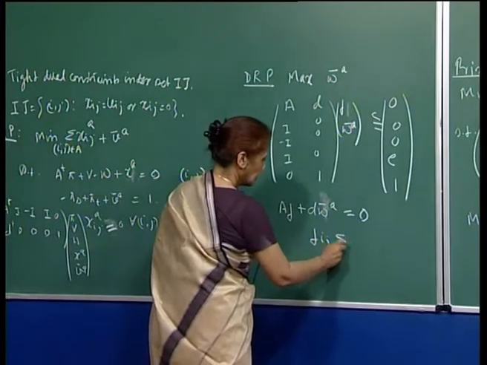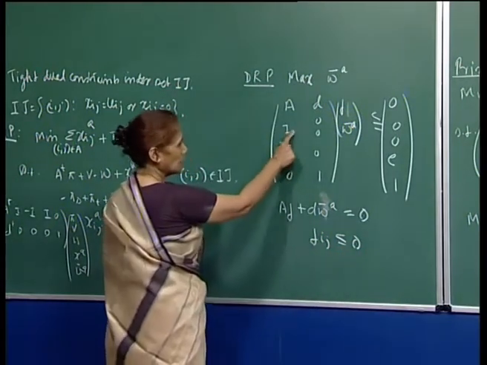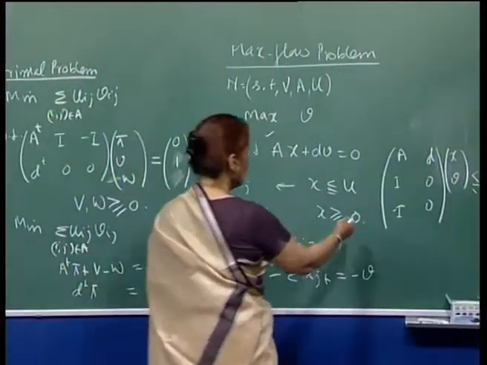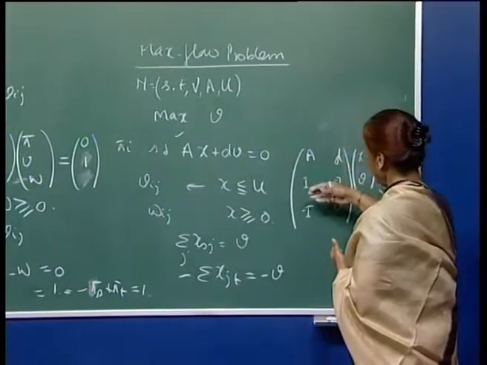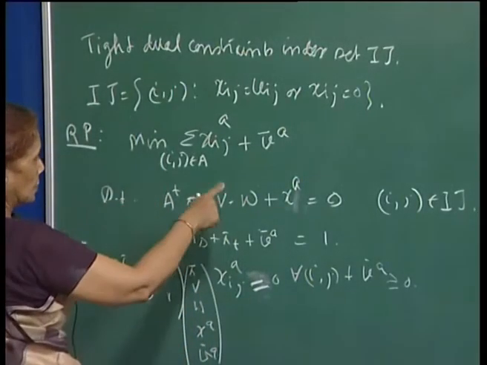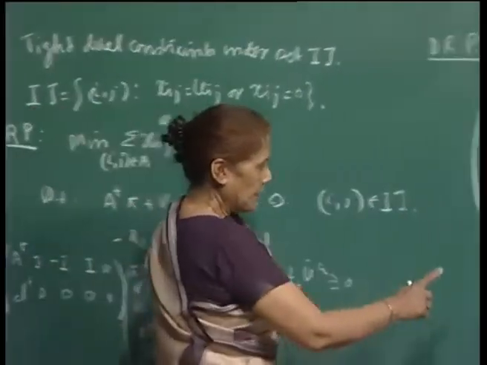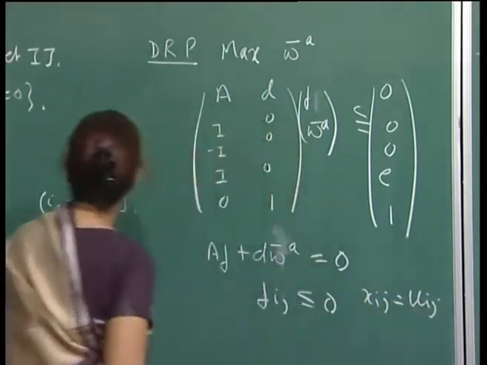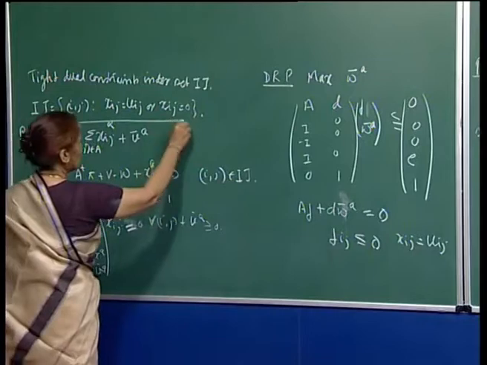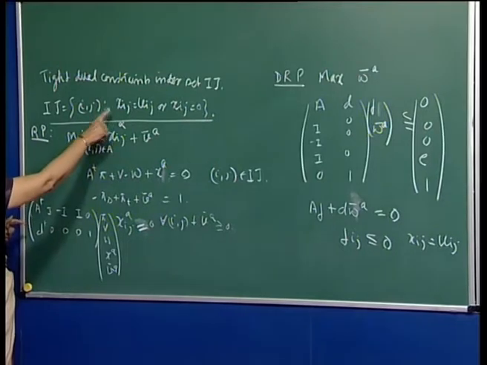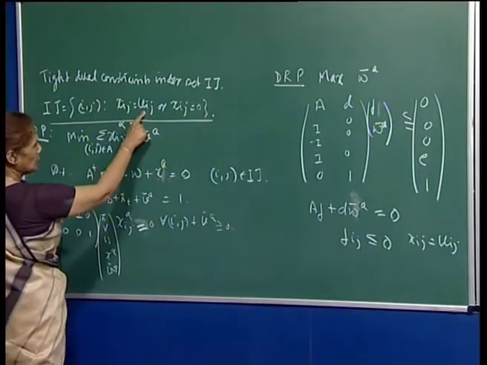So, Fij less than or equal to 0, and remember this corresponded to your V's, and then we said that for the tight constraints, since in the restricted primal we went back, we said that you can only have the corresponding constraints which are tight for the dual. So, Fij is less than or equal to 0 when Xij is Uij, right. See, this is your Ij. So, here you are considering the columns for which Xij is Uij or Xij is 0.